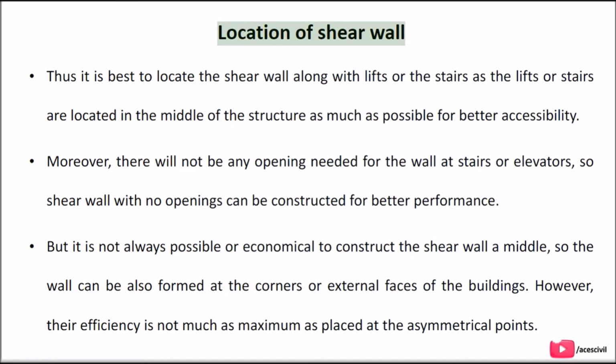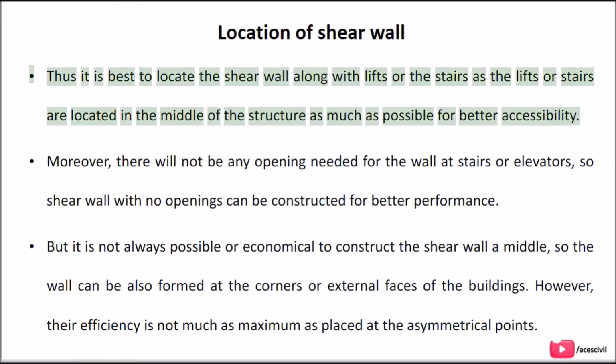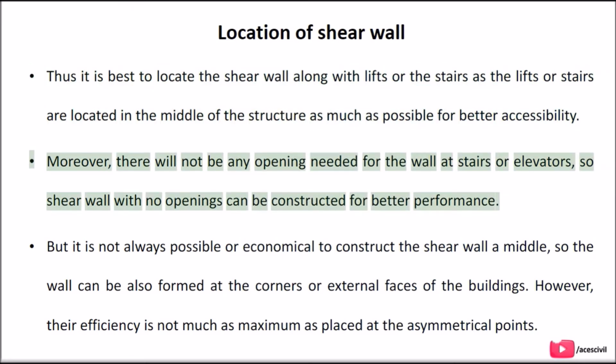Thus it is best to locate the shear wall along with lifts or stairs, as the lifts or stairs are located in the middle of the structure as much as possible for better accessibility. Moreover, there will not be any opening needed for the wall at stairs or elevators, so a shear wall with no openings can be constructed for better performance.